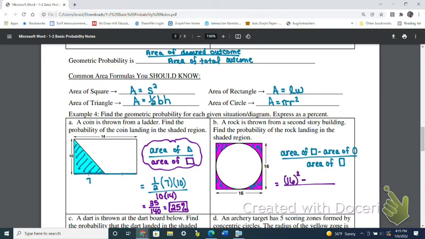if I do the area of the circle. So to do area, I need to know the radius. So from the center out, the whole distance is 16, therefore this is 8. So that's going to be pi 8 squared. And on bottom, again, that's area of the square, that's just 16 squared.